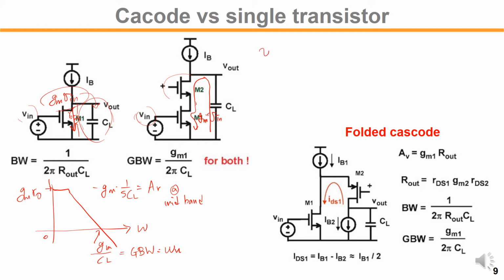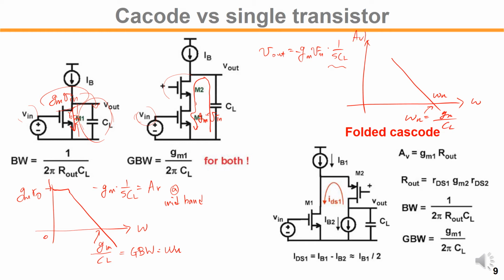So the output at mid-band will also be Vout equals minus gm Vin times 1 over sCL. The frequency response at mid-band would be a one-pole roll-off given by that capacitor. What would the unity gain omega U be? It would be gm over CL.